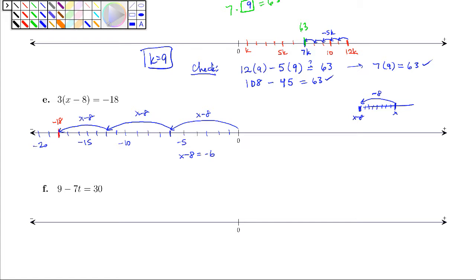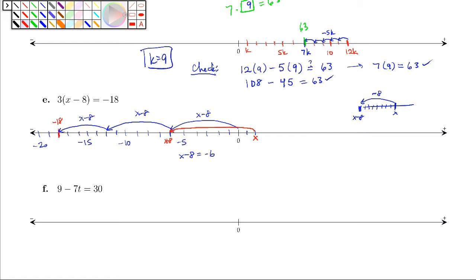So that tells me that I actually have to be 2 more units to the right here. That would make this x minus 8 if this is x, right?